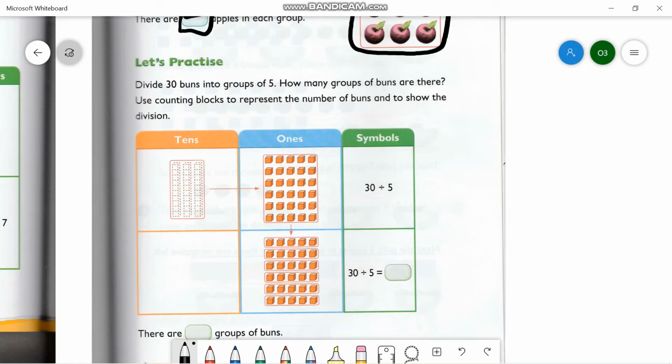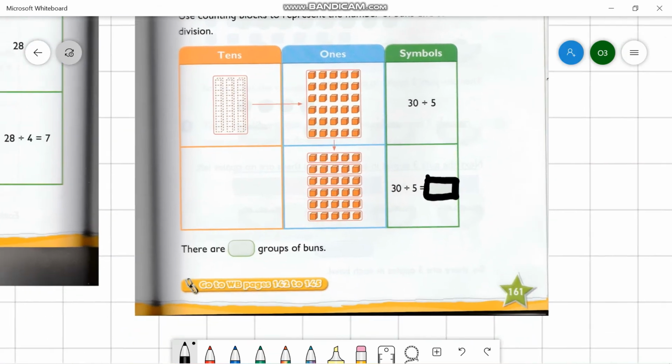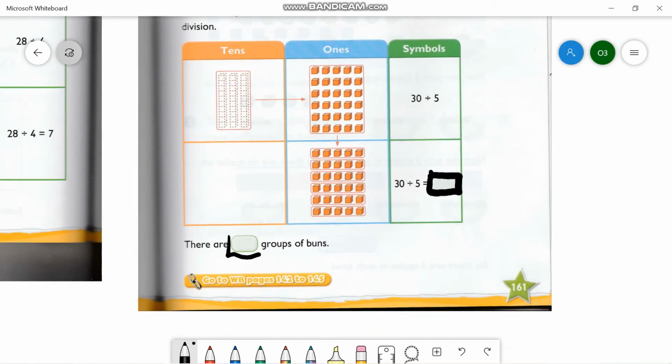So 3 tens is equal to 30 ones. So you have to group 30 ones into 5 groups. So how many blocks will you be able to get in each group? So you have to count how many, okay? And then write your answer in this box and in this box, okay?